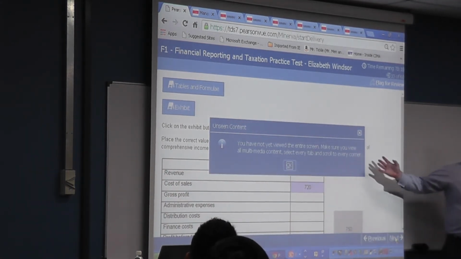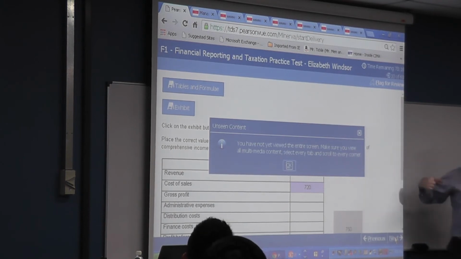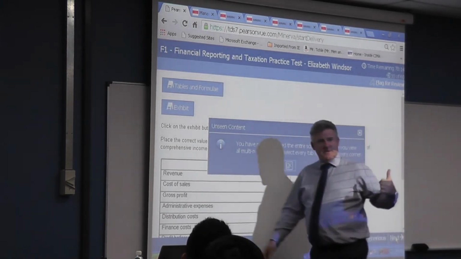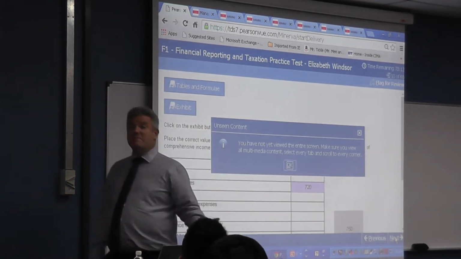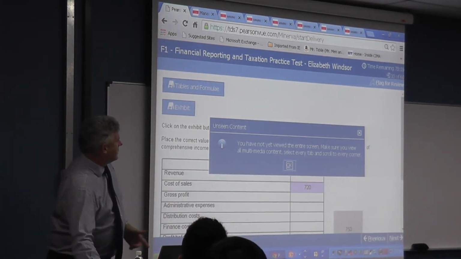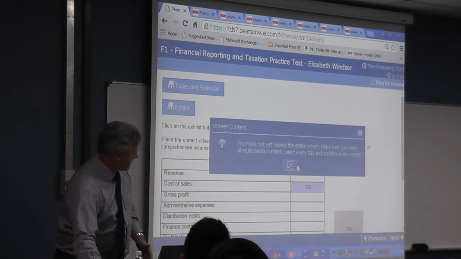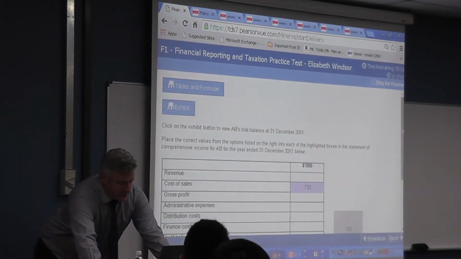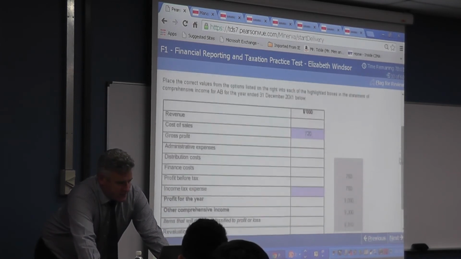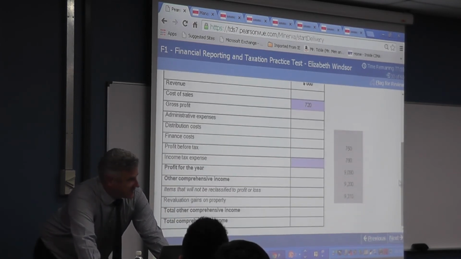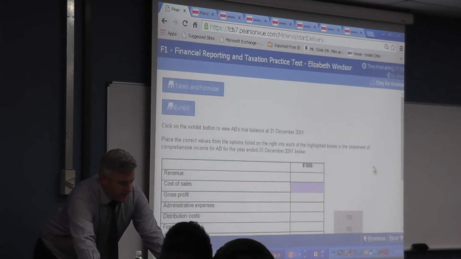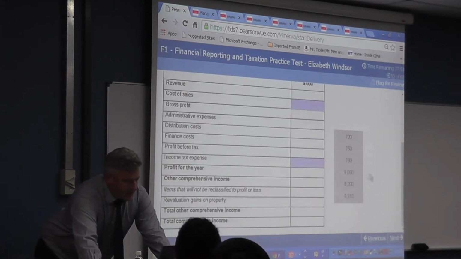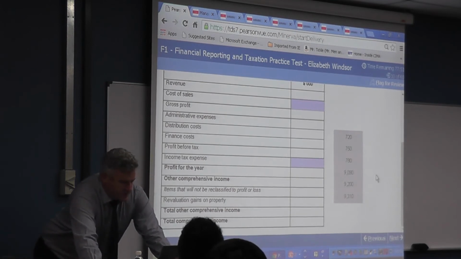So it's just warning me, look, there's information I've not looked at, and therefore I may have answered the question incorrectly, I may have missed a potential answer. So what I've got to do is scroll down. Notice on the right hand side, the scroll thing says, look, you also want an income tax expense. Right, so all right, I'll pay a bit more attention now, I'll read it properly, and I'll come back and do whatever I need to do.